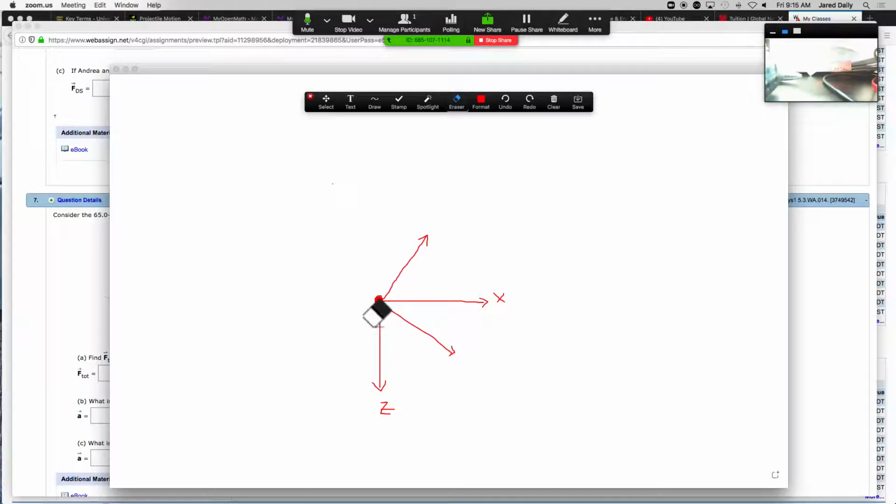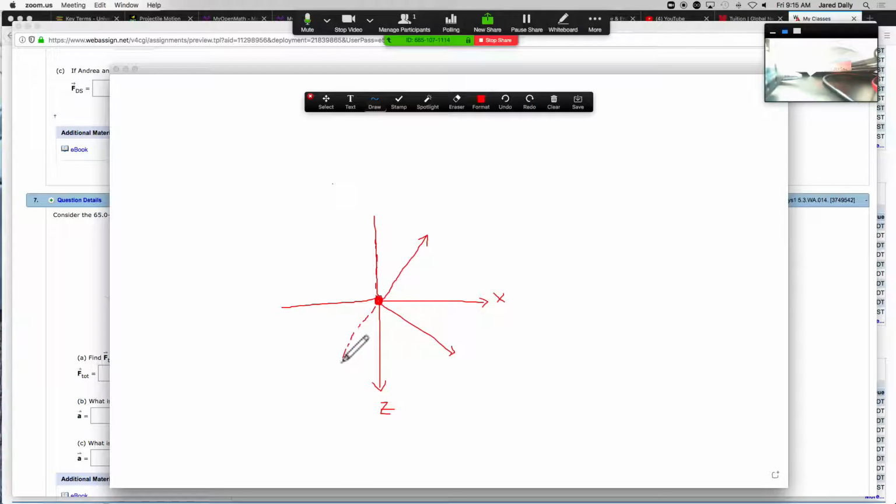So that's our positive z, that's our positive x, and we have these two forces pointing in these directions. Remember that they gave us the angle for this one with respect to this axis. So it's a good idea to extend these axes out this way, and remember where that vector was.